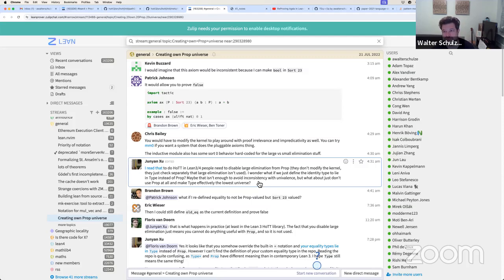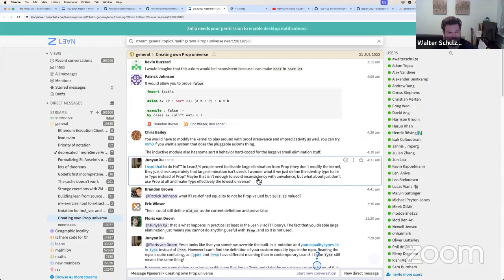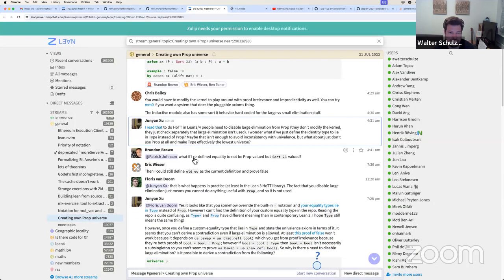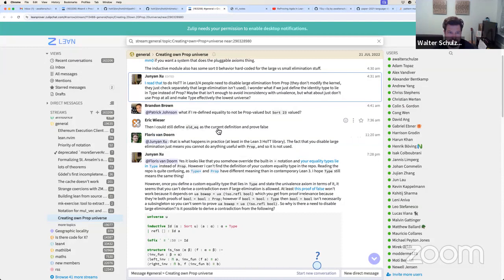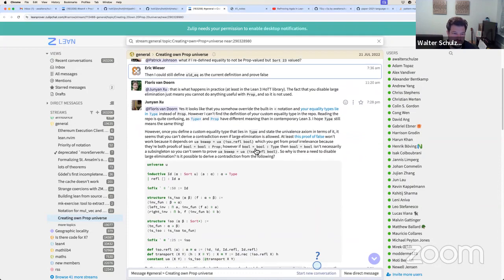Okay, that's kind of what we were trying to do. So we don't have large elimination, basically Prop is useless. That's interesting.